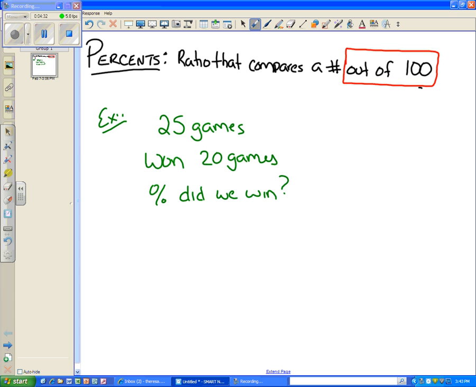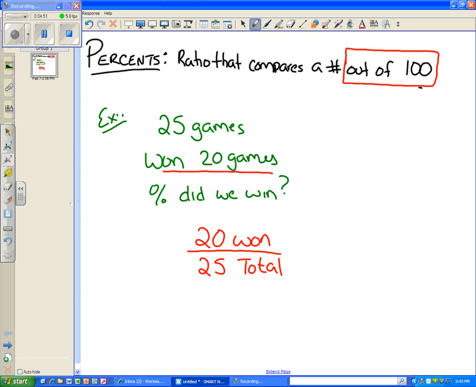So in order to figure out the percentage that my basketball team won, I have to know how many games I won. So I won 20 games out of 25 total games.